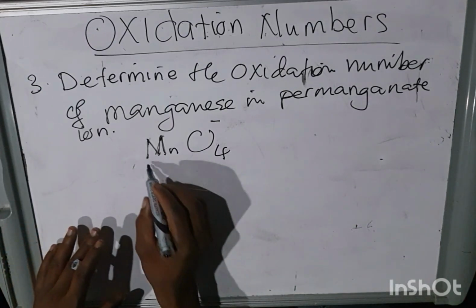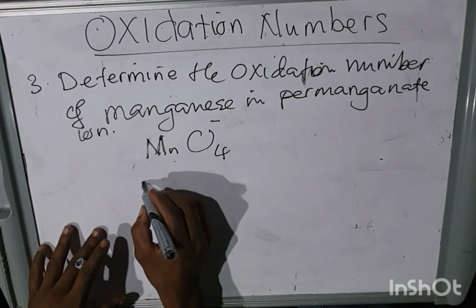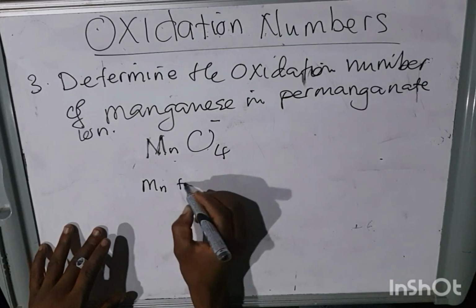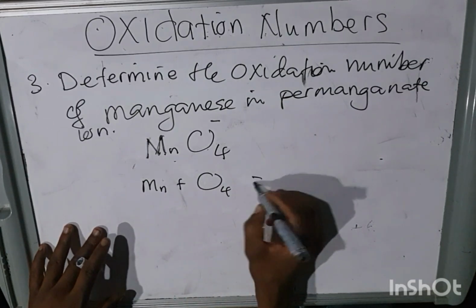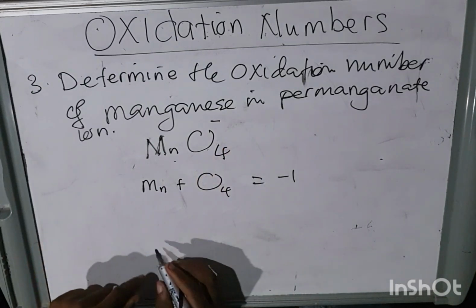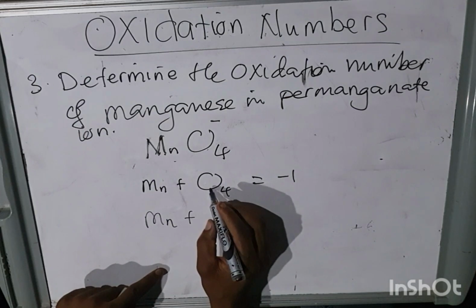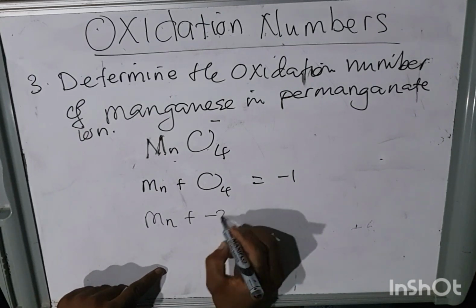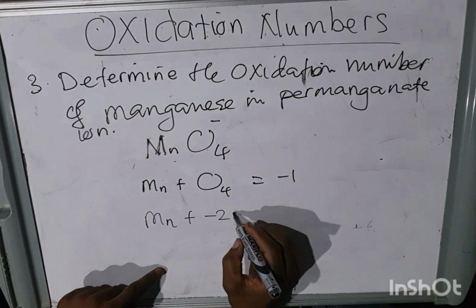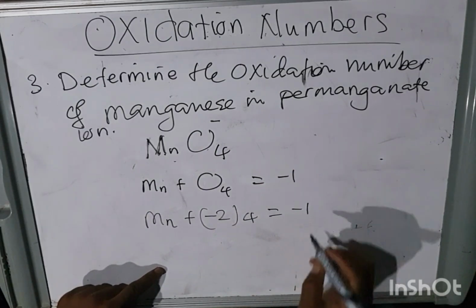So we don't know the oxidation number of manganese, but we know that of oxygen. So when you add the oxidation number for manganese plus the oxidation number for oxygen, it is giving us -1 in this case. So we have manganese plus the oxidation number for oxygen, which is -2 multiplied by 4, because we have 4 of these here, equals -1.